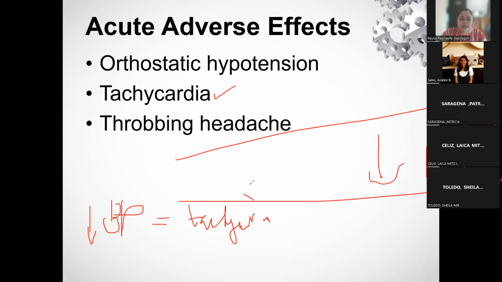That's our body's attempt to balance the decrease in the blood pressure, because a decrease in blood pressure is not normal, right? So to get rid of it, what our body does is tachycardia. It will release a lot of norepinephrine to speed up the heart rate to compensate for the decrease in the blood pressure. So they are partners most of the time. When the blood pressure decreases, there is really tachycardia.